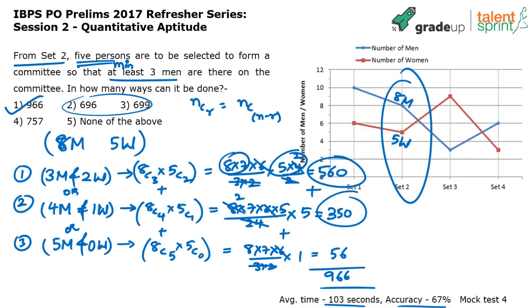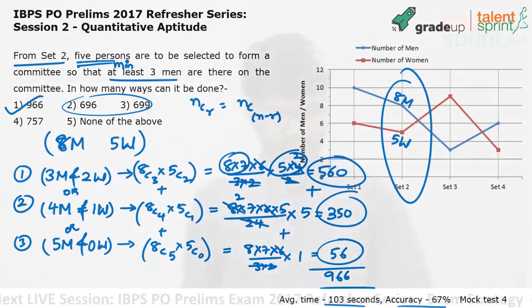I thought it is a sitter and you can't be going wrong. Most of you marked 696 or 699. And after 560 and 350, I thought we have crossed the limit. So I thought something is wrong, but I think you guys were wrong. Answer is 966, option 1. So Sagar, who marked 699, is also wrong. 966 is the correct answer.